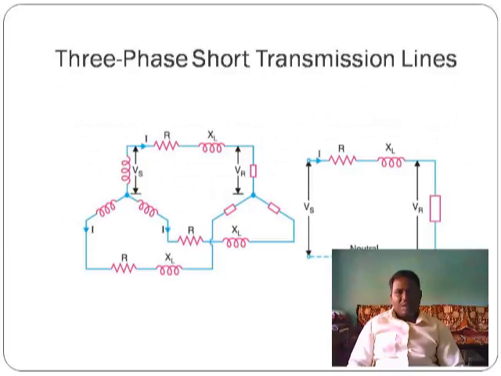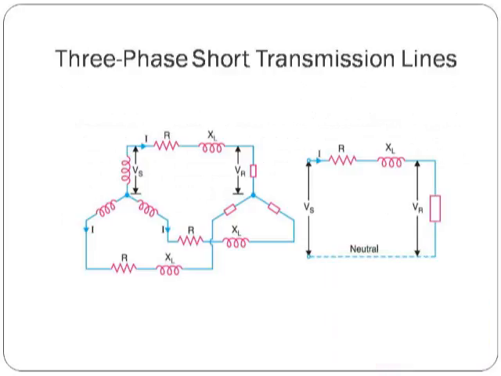Yes, next one is my three-phase lines. In the three-phase transmission lines, I have connected three wires. So in terms of sending end and receiving ends, I am forming a star for the sending end supply. So three coils, I am having three loads. In between we have the transmission line constants R and X_L, R and X_L, and R and X_L. So I will approximate the three phases into a lumped form.